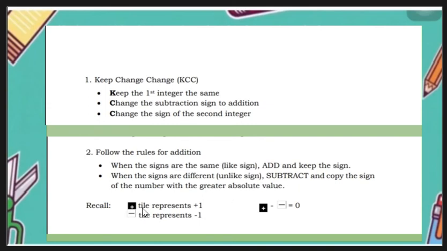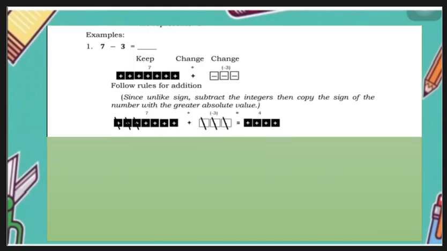Recall, we have the positive tile representing positive 1, and the negative tile representing negative 1. So we have this one, positive and negative, so eliminate since they're a pair, equal to 0. Now example, positive 7 minus positive 3.